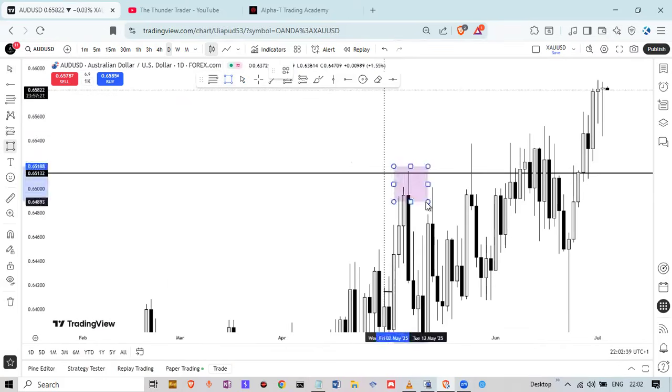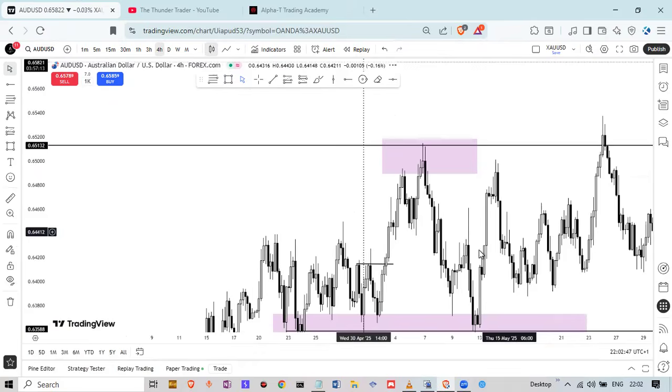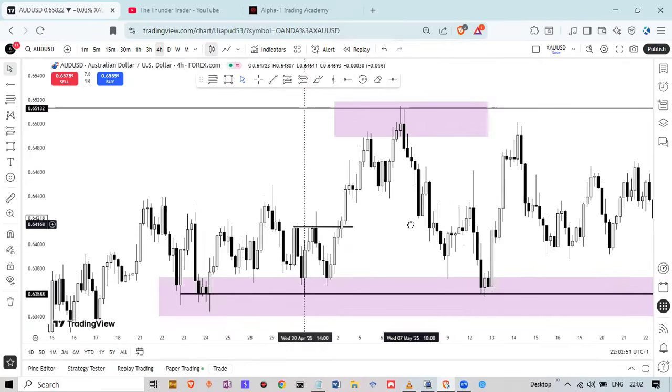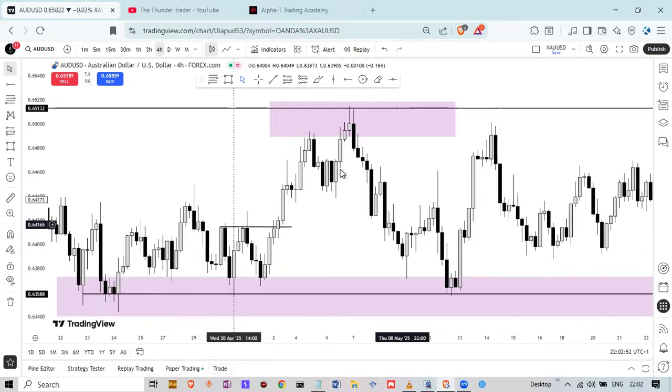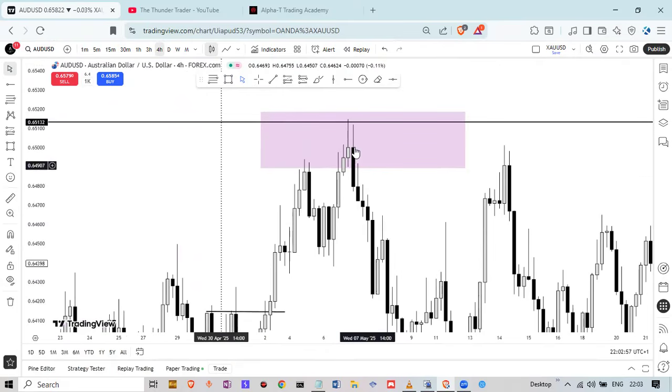We go down again to the 4 hours, and we want to look for a breakout. Now, if you observe, on this level here, this was an external breakout.